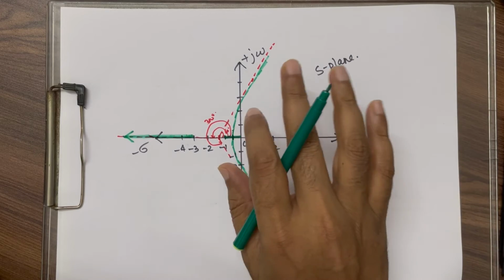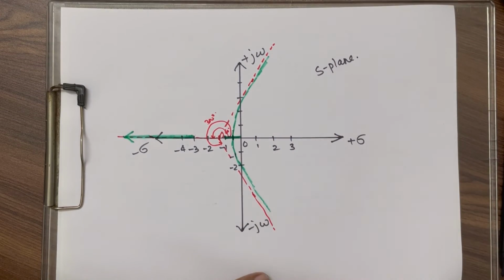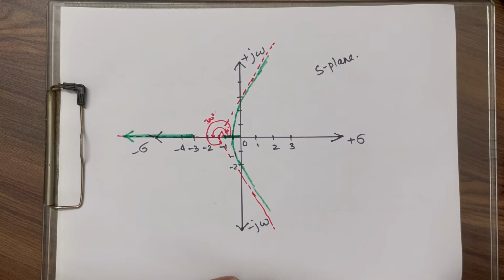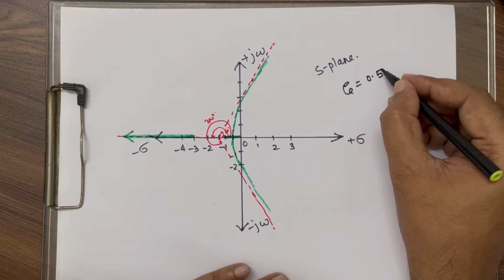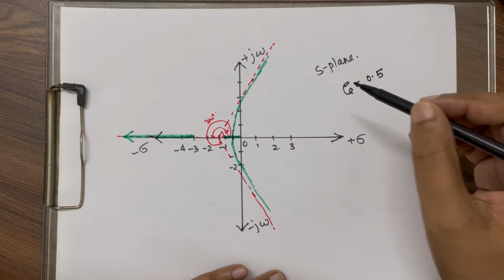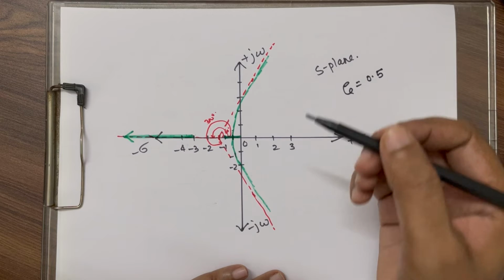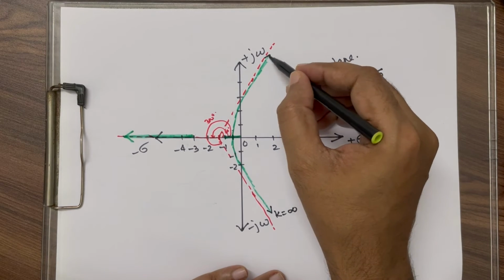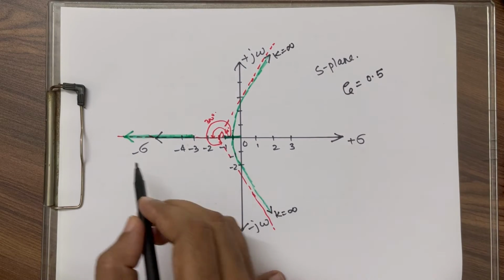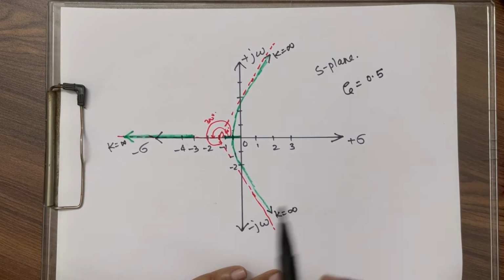So this is how you can draw the root locus plot. Now suppose I want to know some more information from this root locus plot. For example, if I have been given the damping factor as 0.5, then how do we calculate the corresponding value of k? In this case, you can see this is k equal to infinity, this is k equal to infinity, and this is also k equal to infinity.